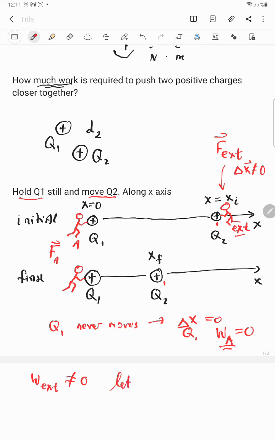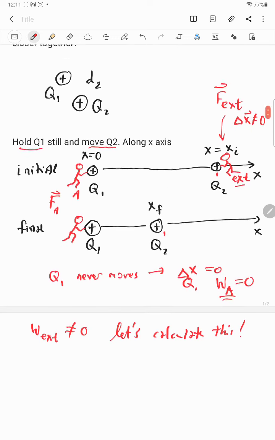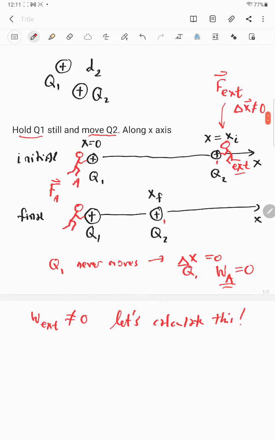So let's calculate this. We have to think a little bit though, because the work done by this external force is equal to the force supplied by that person dotted with the displacement delta x. But the question is what value do we use?